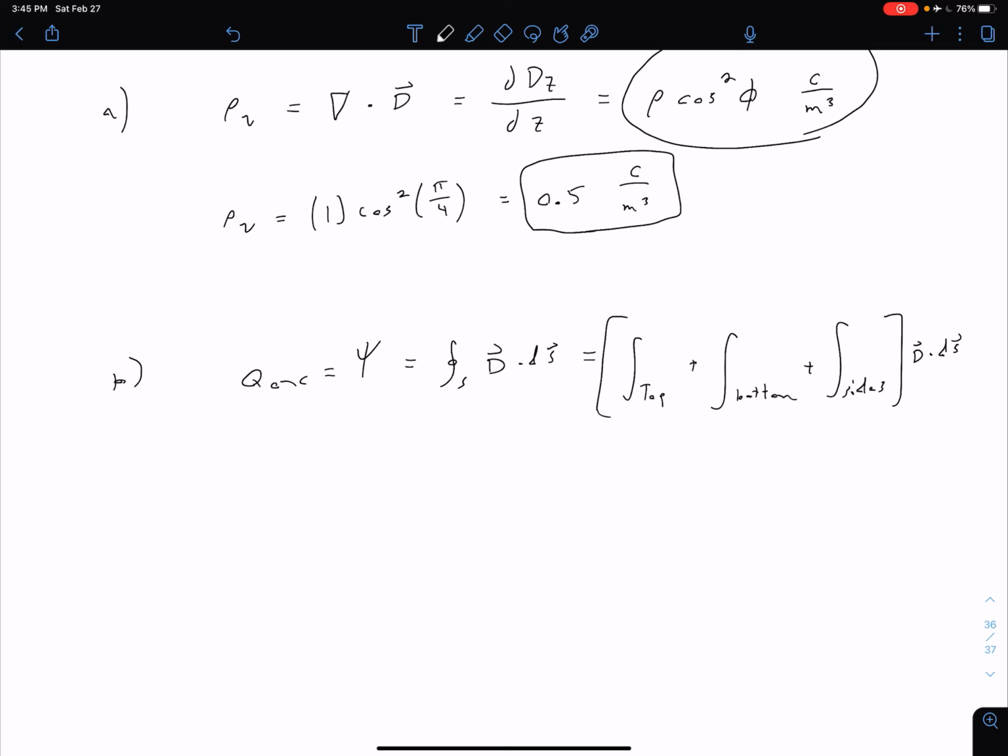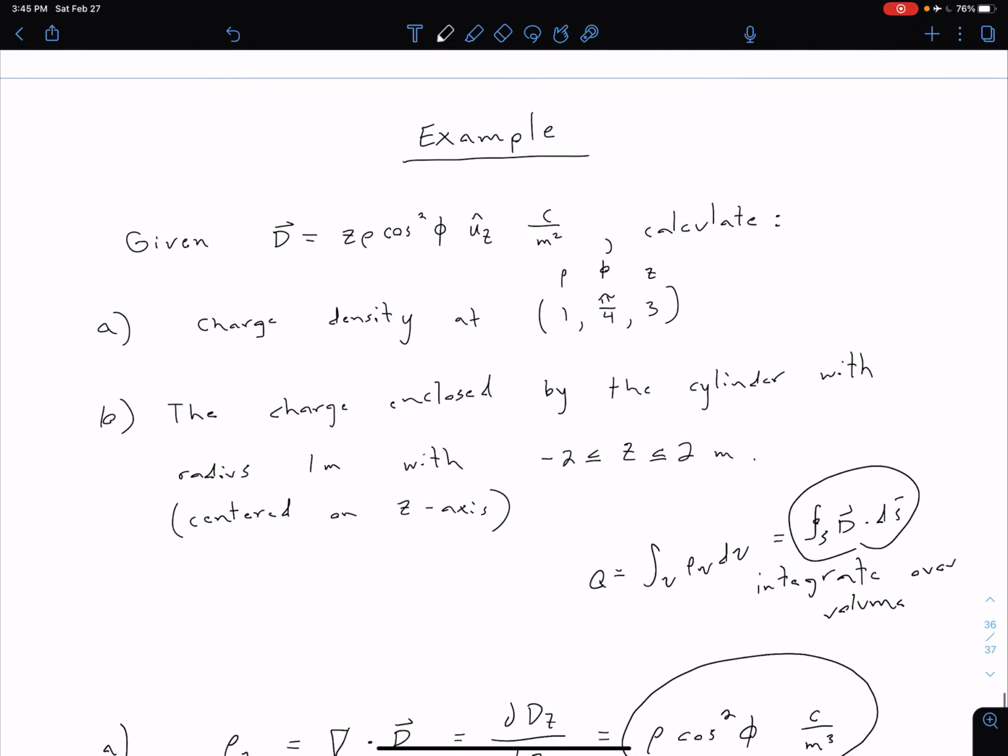Okay, let's simplify a little bit before we move on. We know that on the sides, our D is going to be tangential to dS. D is only in the z direction, so coming back up here, we see our D is only in the z direction.